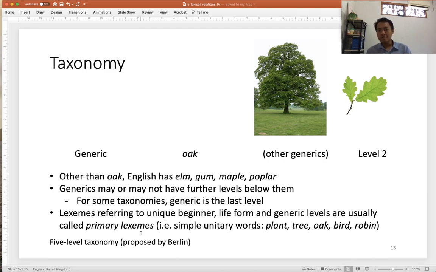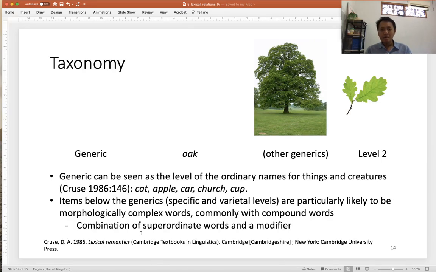Just a single word, not a combination of words. The generic level, level 2, can also be seen as the level of the ordinary names of things and creatures, such as cat, apple, car, church, cup, and so on.